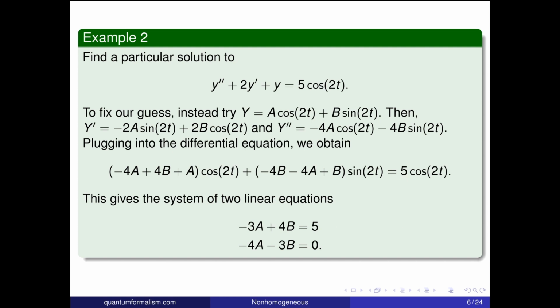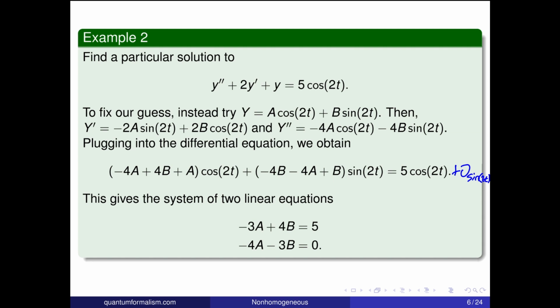But this time, since both the cosine and sine terms are just going to alternate between cosine of 2t and sine of 2t when we take their derivatives, those things will be accounted for. And then we'll have 2 equations to solve, right? We need to get the cosine terms to have a coefficient of 5 and the sine terms to have a coefficient of 0. But since we have 2 unknowns, we should be able to solve both of those equations at the same time.